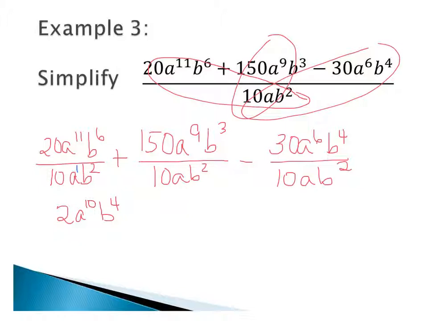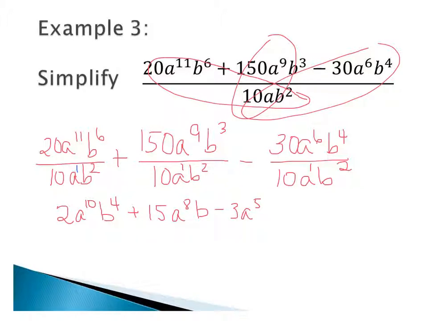And then this term in the middle, 150 divided by 10 is 15. a to the 9th divided by, again, a to the 1st is a to the 8th. And then b to the 3rd divided by b to the 2nd is b to the 1st, or just b. And then our final term, I'm bringing down my subtraction. 30 divided by 10 is 3. a to the 6th over a to the 1st is a to the 5th.